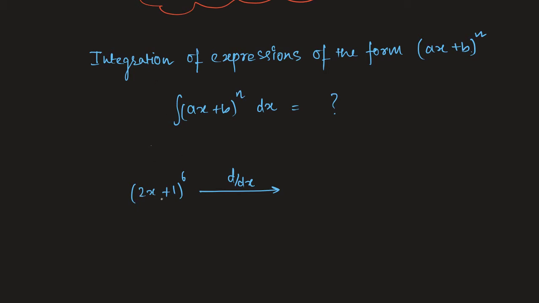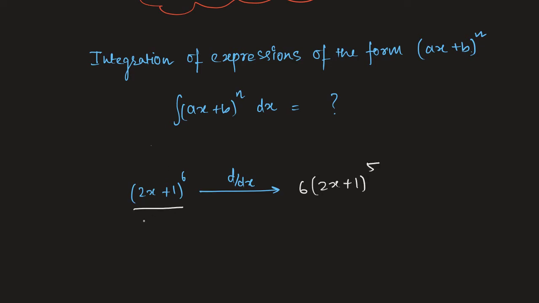Here, the outer part is the bracket to the power 6, so first we apply the power rule, which gives 6 (2x + 1) to the power 6 minus 1, that is 5.